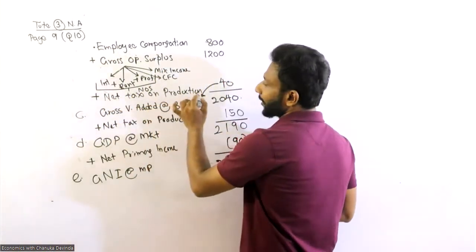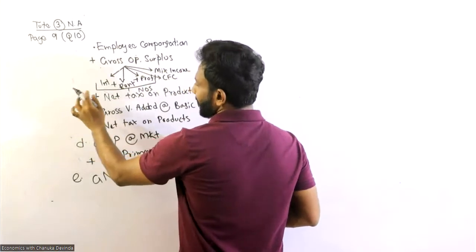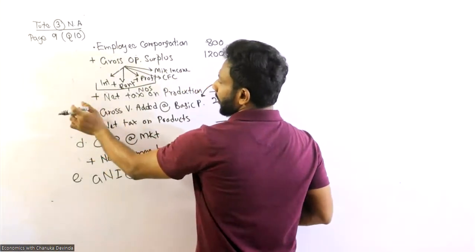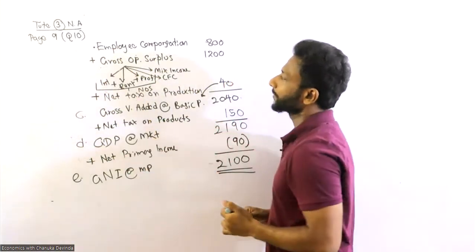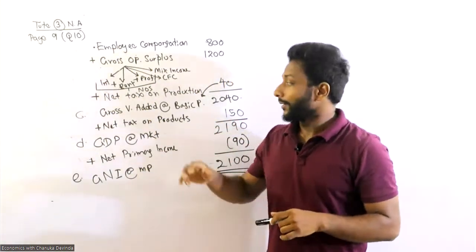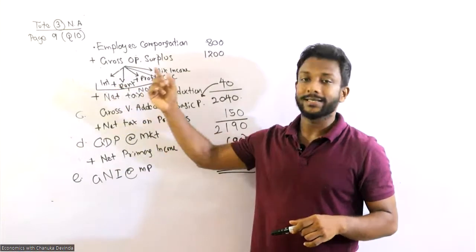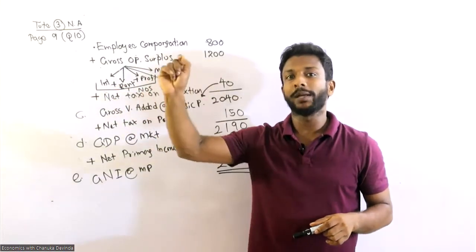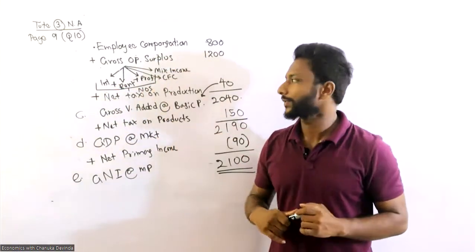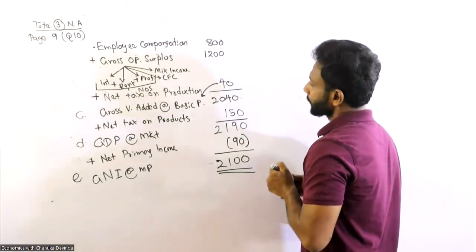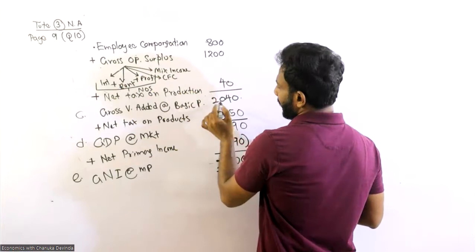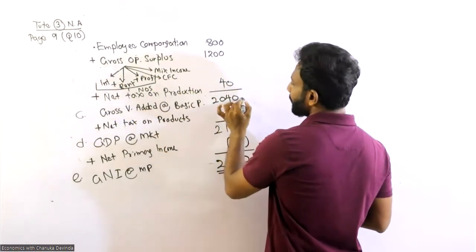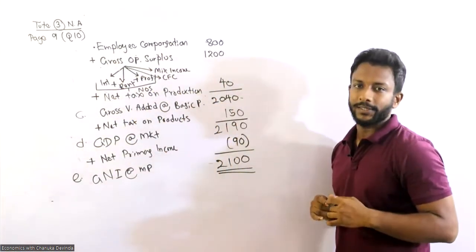If this was not there, then gross value added is only employee compensation and gross operating surplus. But this was there, so this net tax on production should be included in basic price. So we add all together, it is gross value added at basic price.